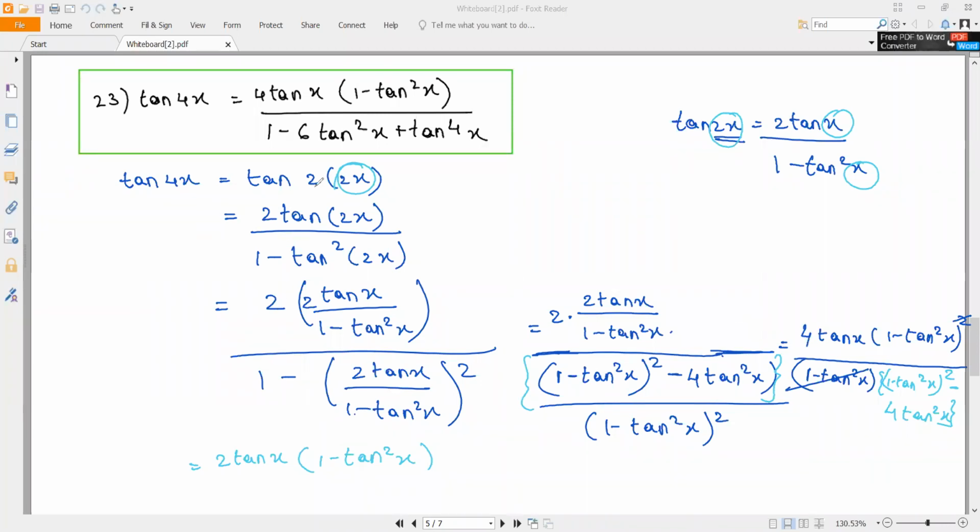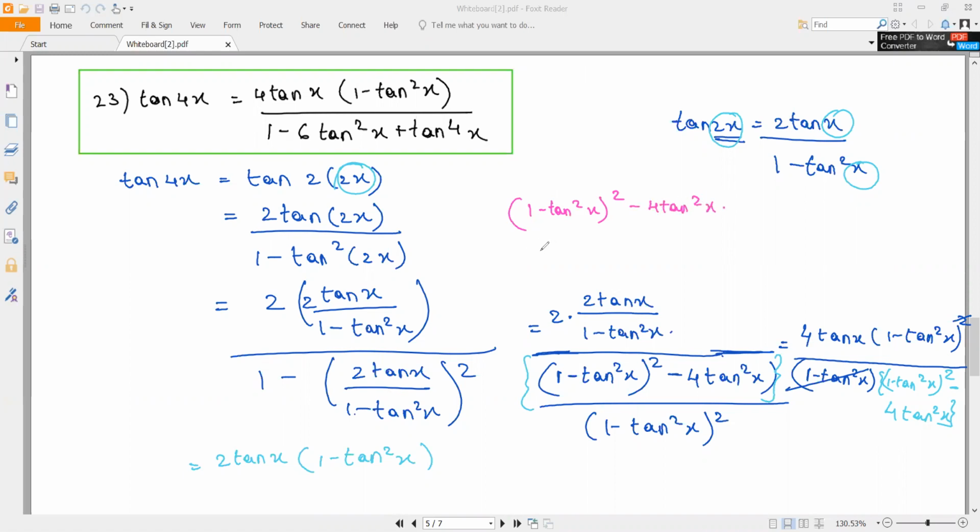So first 2 was from the first formula and second 2 was from the second formula. Here in the denominator, you have 1 minus tan square x whole square minus 4 tan square x. Let's solve it separately.